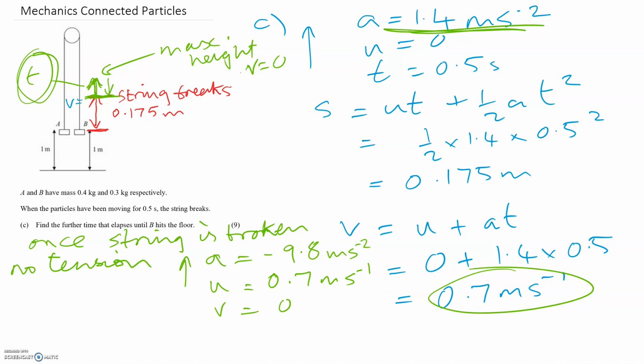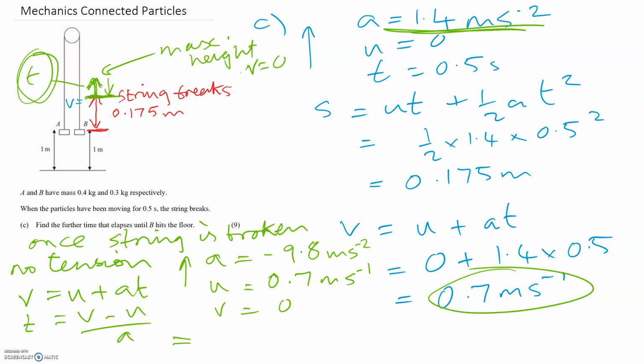So if we put all that into v equals u plus at, and we rearrange to get t on its own, t is v minus u over a.